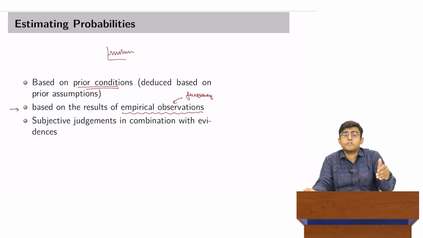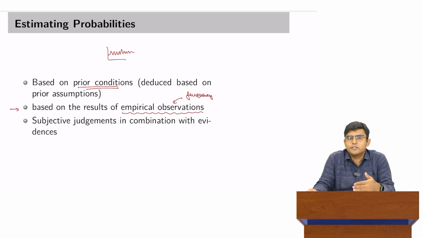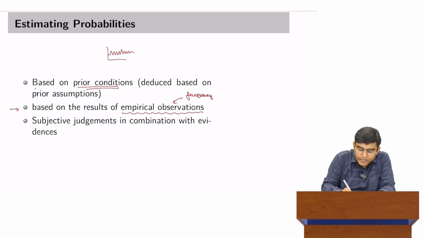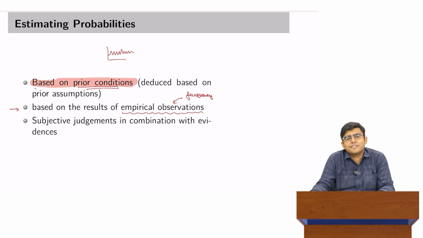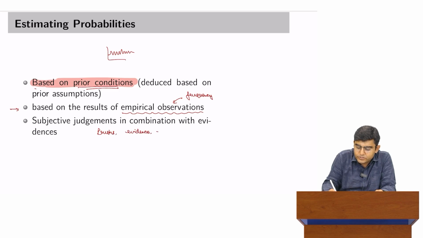For example, in the wastewater treatment plant example, when we were saying 70% of being high efficiency, 30% being of low efficiency, that estimate of probability would exactly fall onto this, based on certain prior conditions that we have ascertained for this particular number. And the third way is subjective judgments in combination with evidences, what we call priors, evidences, and posteriors.